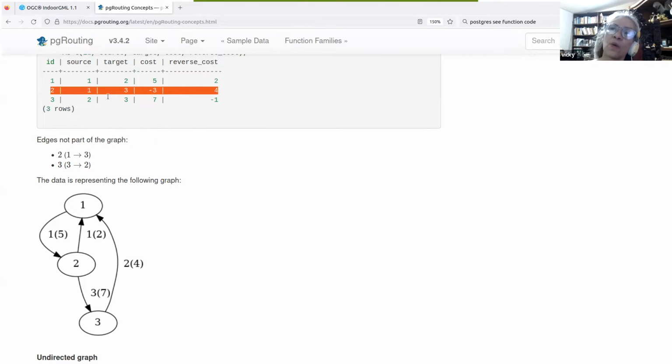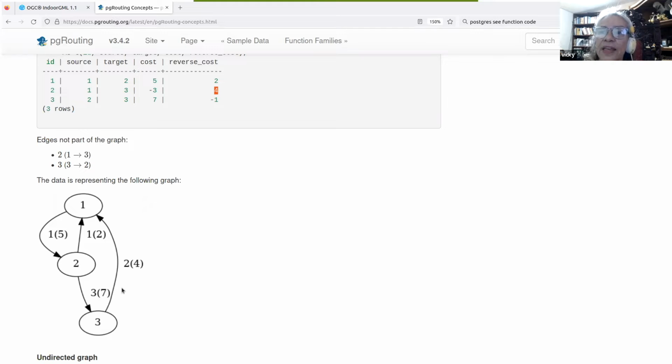For this second row, we will not have the edge from 1 to 3. Why? Because the column cost has a negative value. But we will have an edge from 3 to 1 because reverse cost has a positive value of 4.